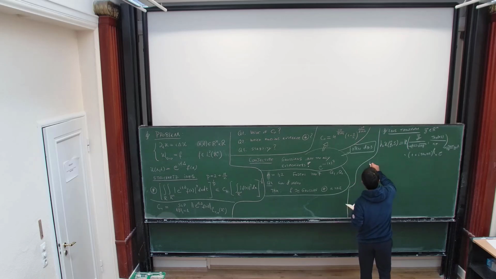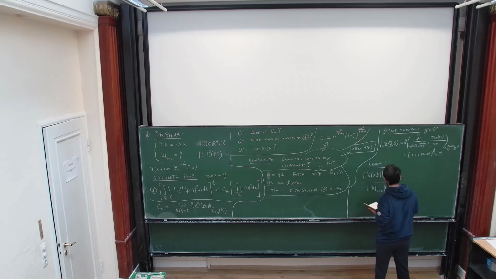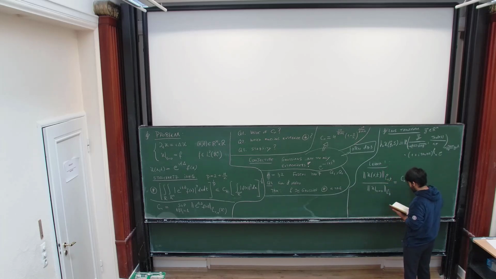So lemma 1. The L2 norm in x is equal to the sharp constant here, the lens transform of (y, s).